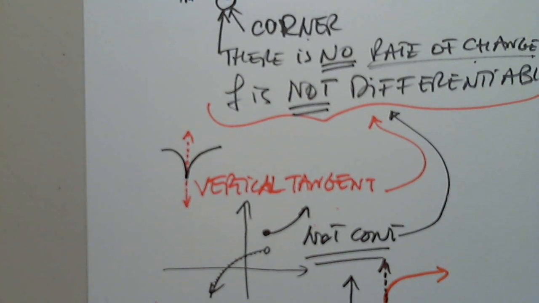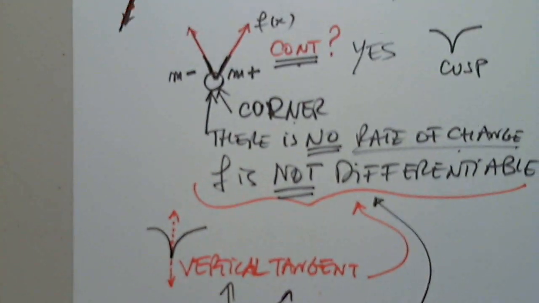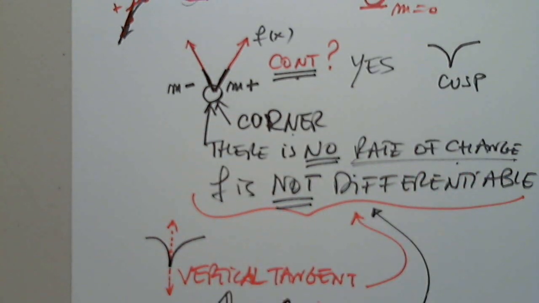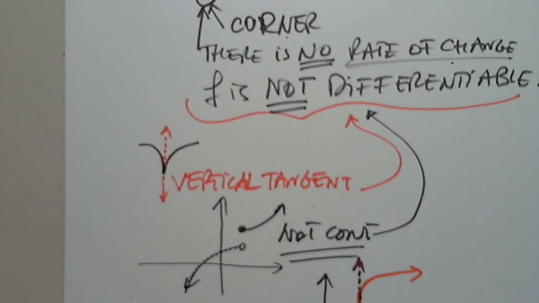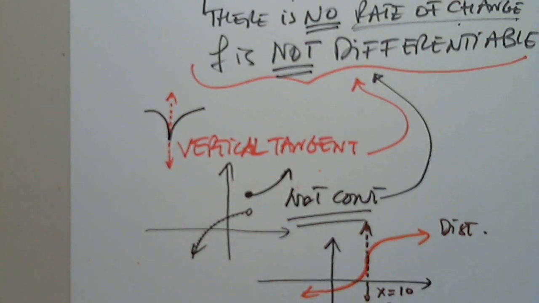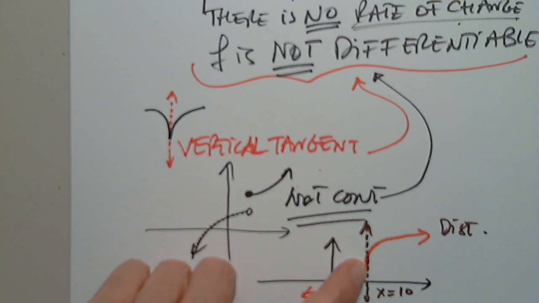And again, in short, what does it mean it's not differentiable? It does not have a rate of change. Let's suppose this is my distance function, and you ask me what was your instantaneous speed when x equals 10. I'll say, I'm sorry, I don't have any. I cannot give you an instantaneous rate of change at this point, because the distance function has a vertical tangent.